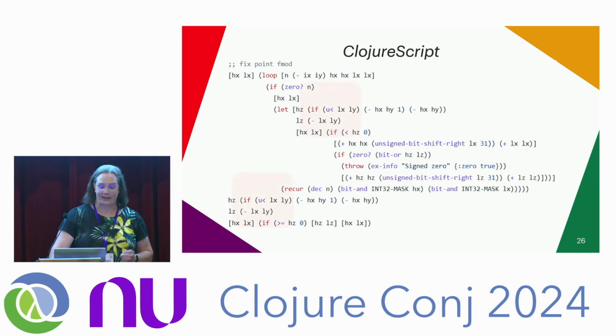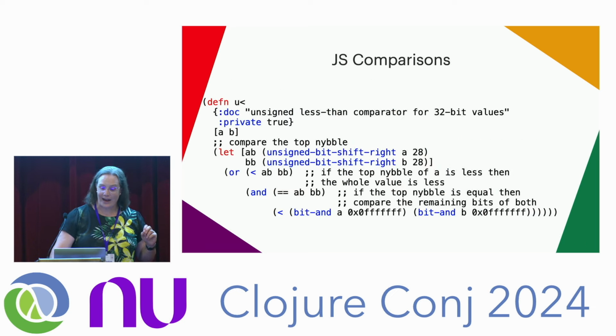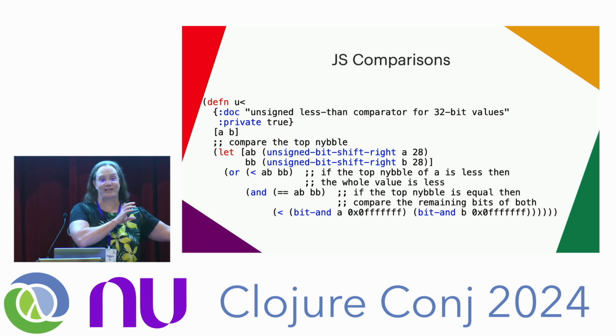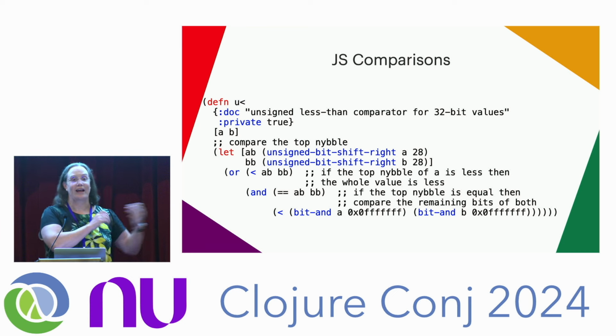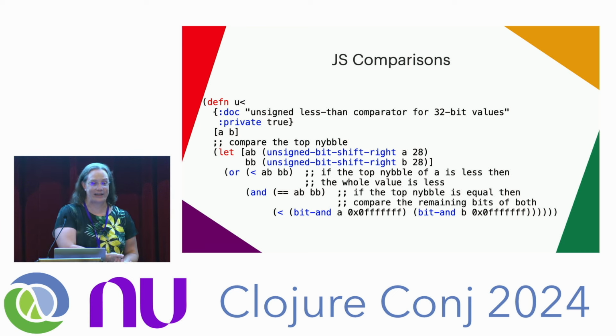And it turned out that it was these less than comparisons. You'll notice that I have u less than because I had to re-implement that for myself, and it's these lower order double words, they're being turned into signed values. And so I compare the top nibble before I then go on to compare the remainder.